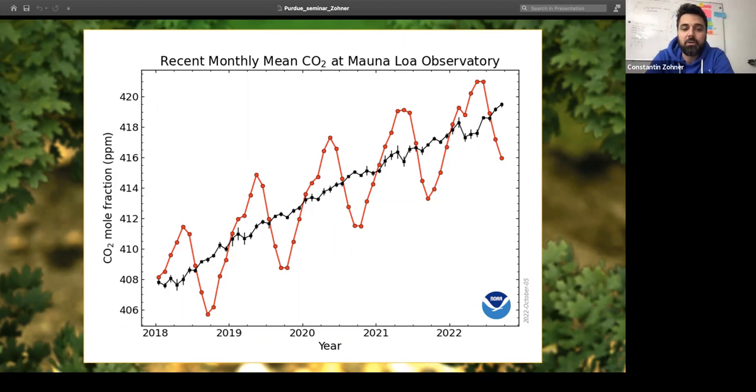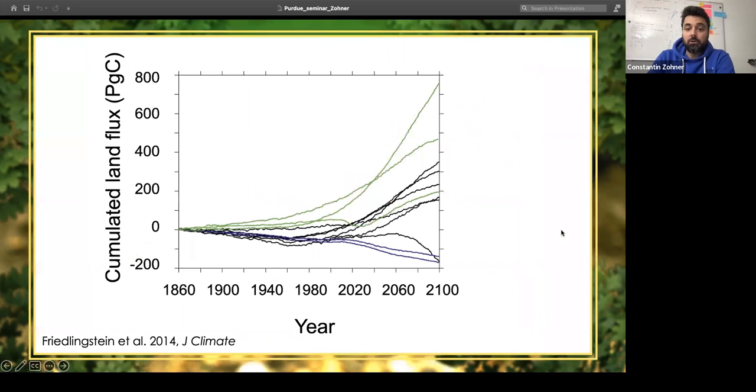As I said before, this is caused by vegetation, because vegetation is active in the summer and not active in the winter. And of course, we can imagine that if growing seasons are now changing, this might affect these seasonal cycles.